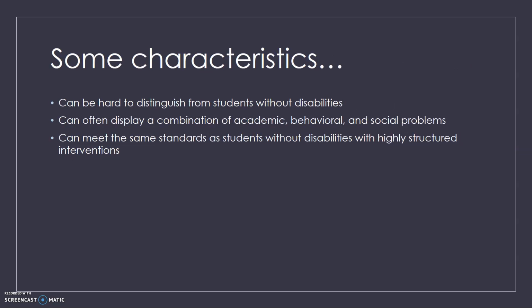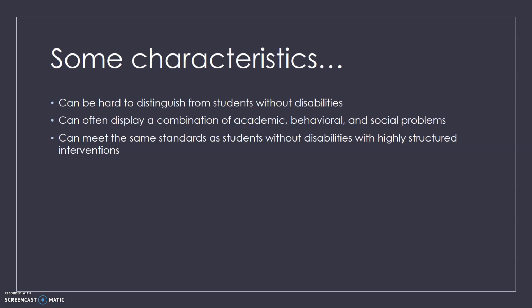Some characteristics of high incidence disabilities and students who have them: they can sometimes be hard to distinguish from students without disabilities. Just looking at them, you might not know they have a high incidence disability. They can also often display a combination of academic, behavioral, and social problems.